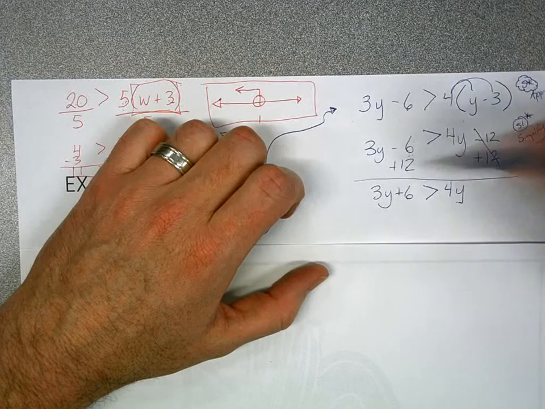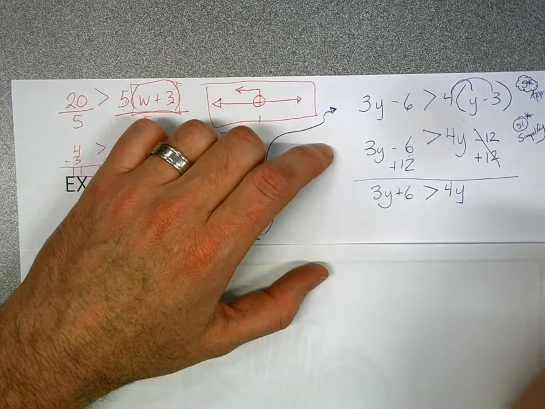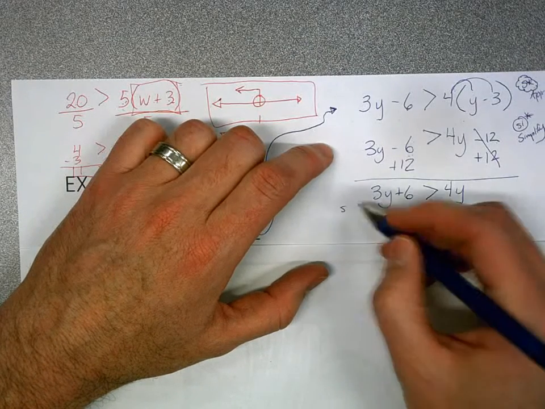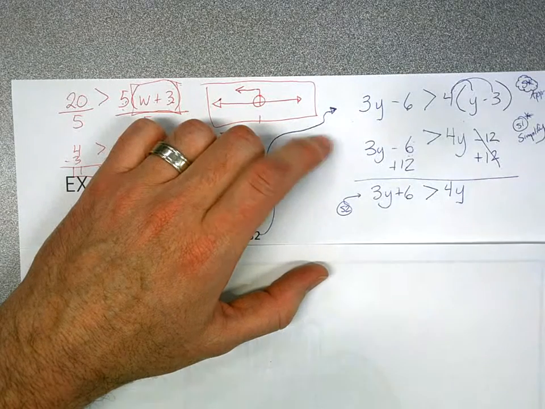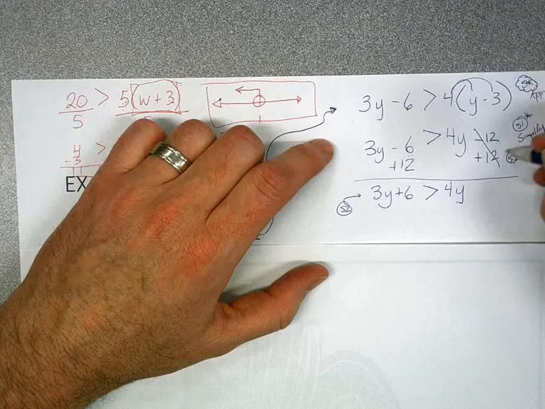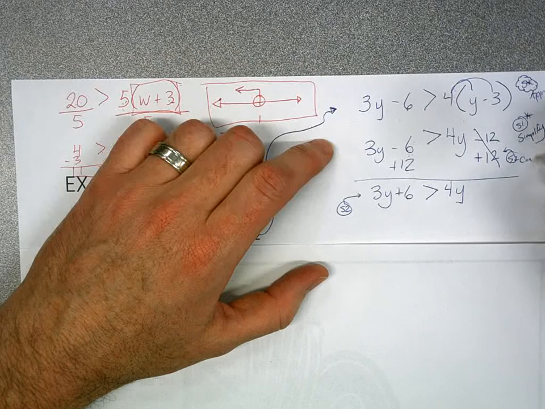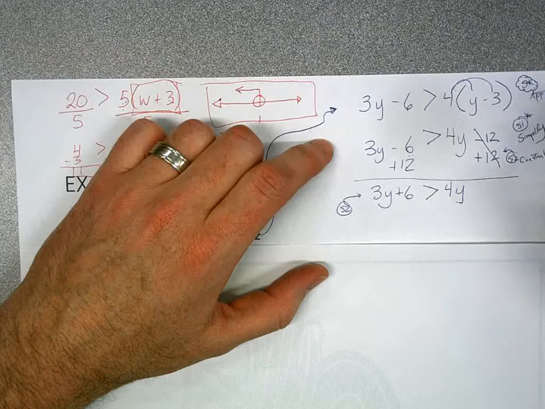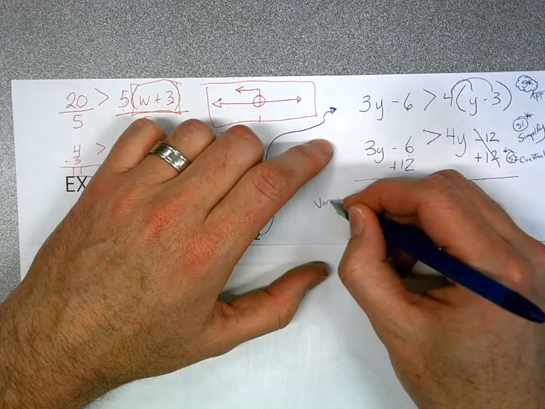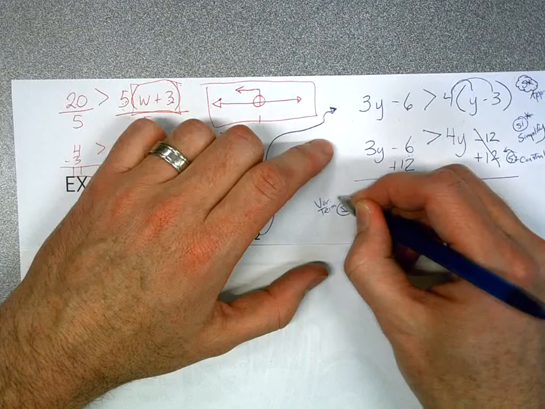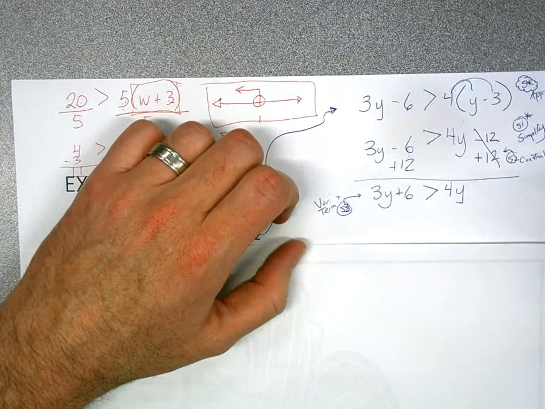So this was step 2, I'll put the word constant with a question mark. And this being step 3, I'll put variable term with a question mark. Step 2 and 3, guys, pretty much interchangeable.